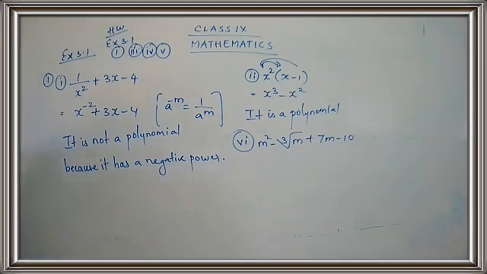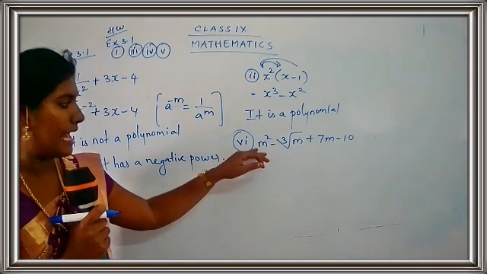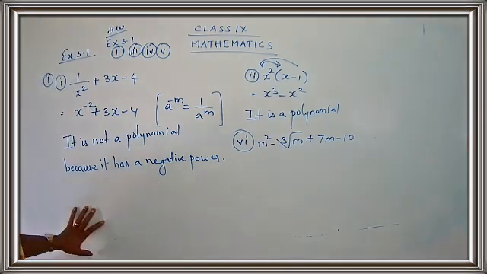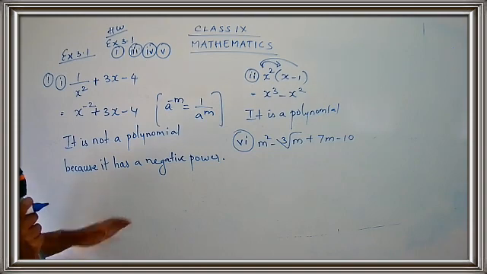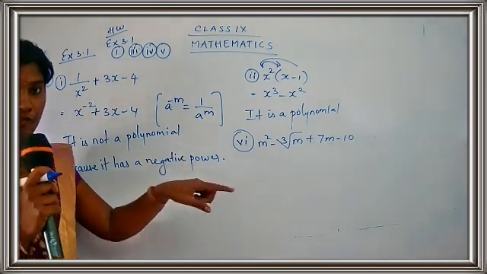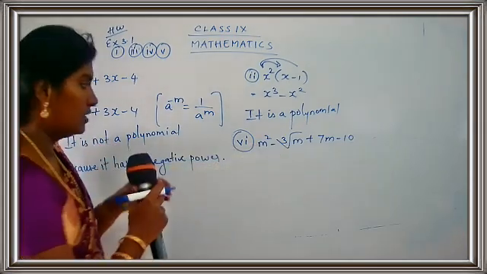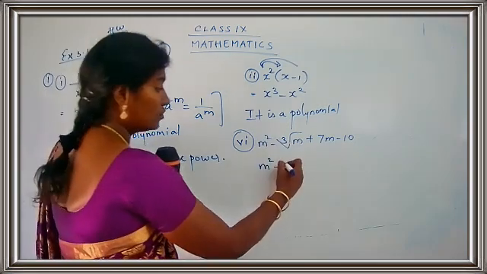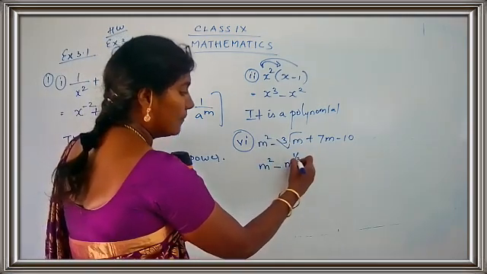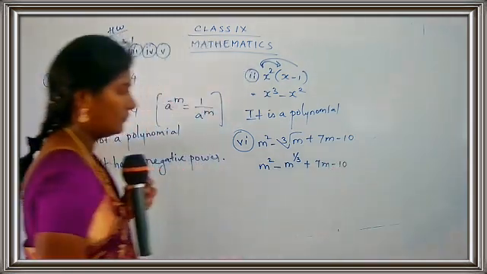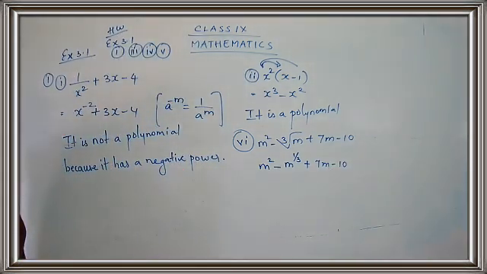Okay, now children, let's check whether it is a polynomial or not. Here we have m square and this is cube root of m. Already we have written the fractional index. When we were doing our second lesson, we did fractional index. We have written the fractional form of the root. So how do you get it here? m square minus, this is root 3, so for m you write 1 by 3, plus 7m minus 10.